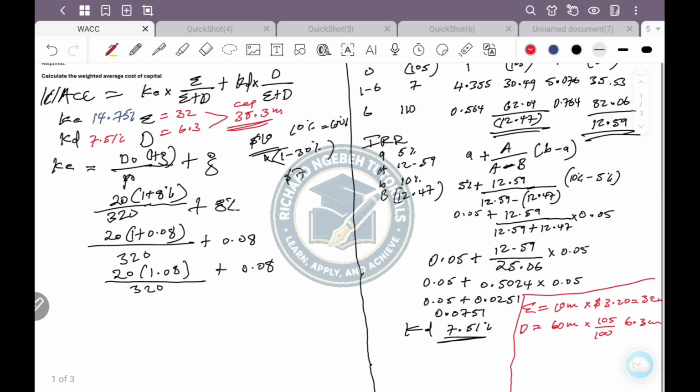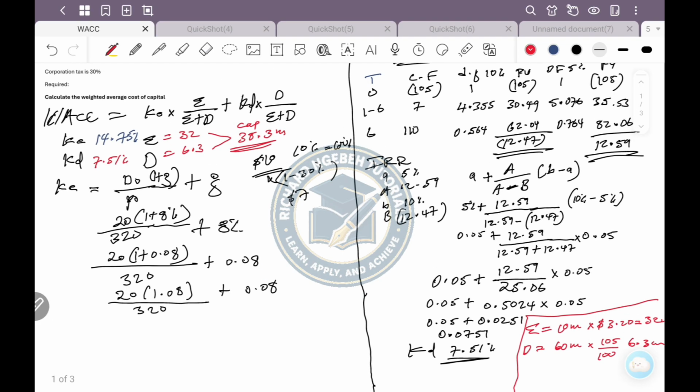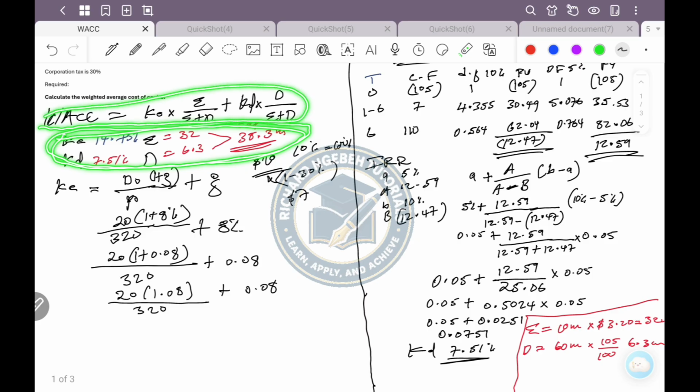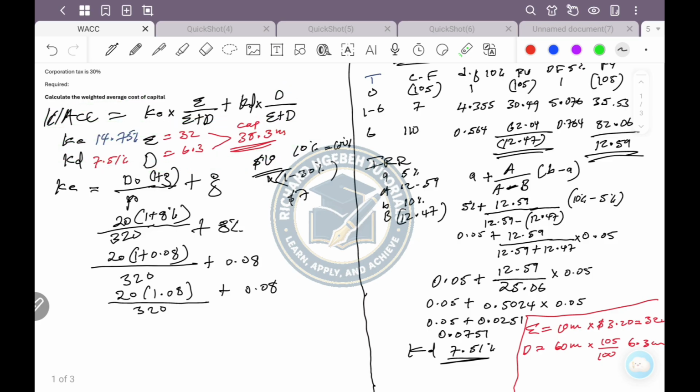So all you need to do now is to insert these figures into the formula above. That one will be very, very simple to do.